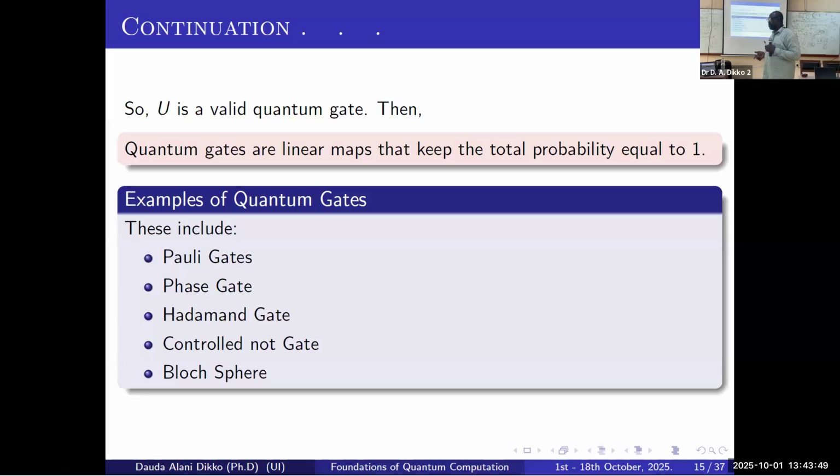Some other examples of quantum gates include the Pauli gates, the Hadamard gate, the controlled-NOT gate, and the Bloch sphere. In the classical case, you have all these gates also. Some of you have done circuits in physics.